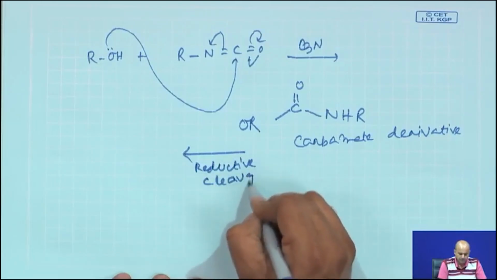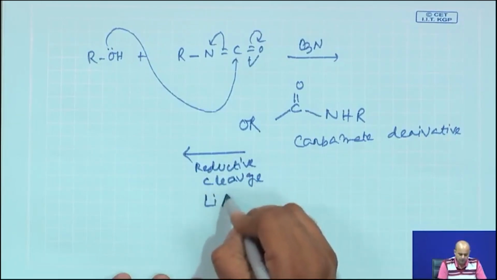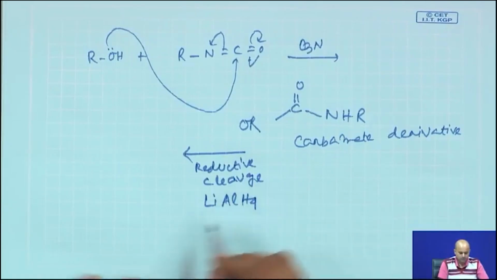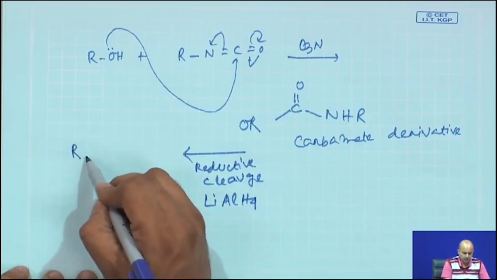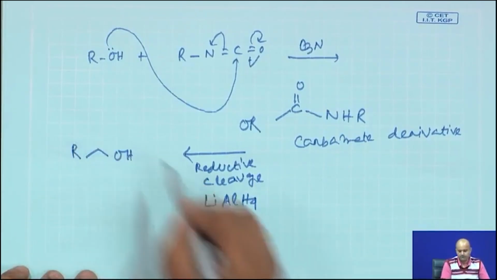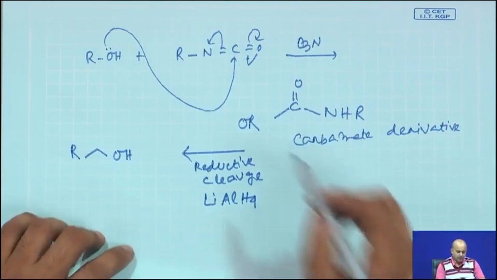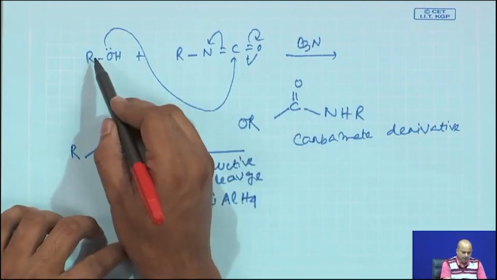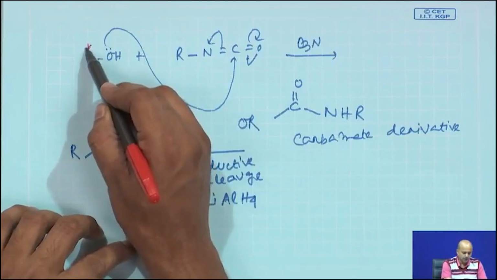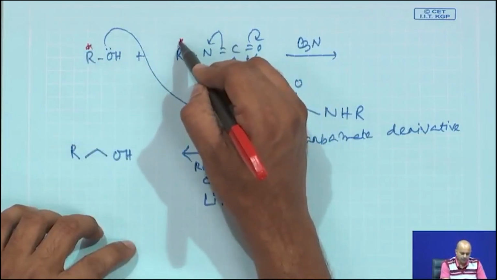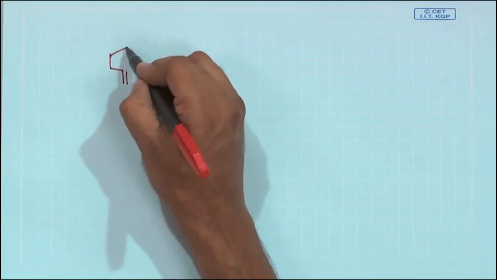Simply, you react with lithium aluminum hydride to get back your alcohol as it is. So this is the way you can react. Now if you have a chiral alcohol or racemic alcohol and you have this part here, we will start working on the real problem which was given to us.